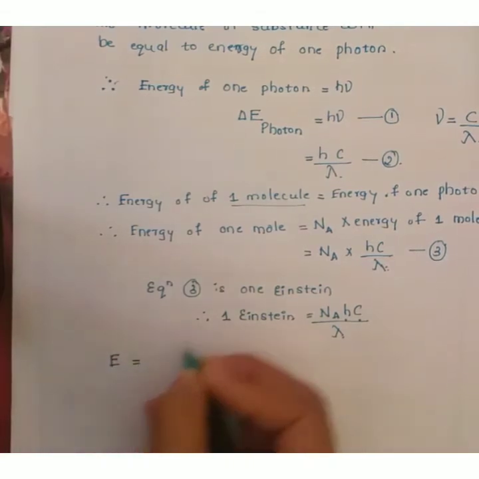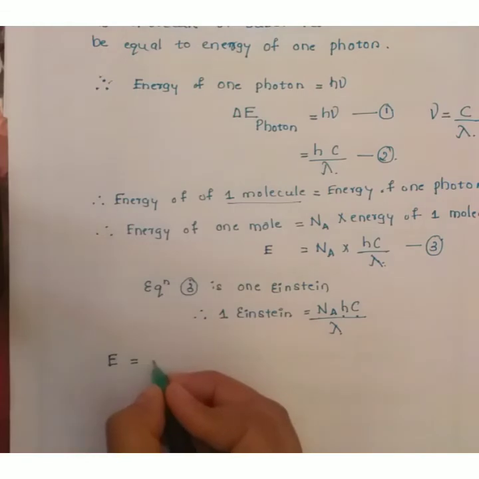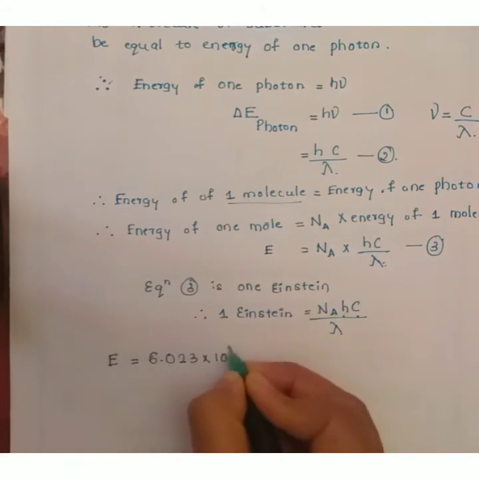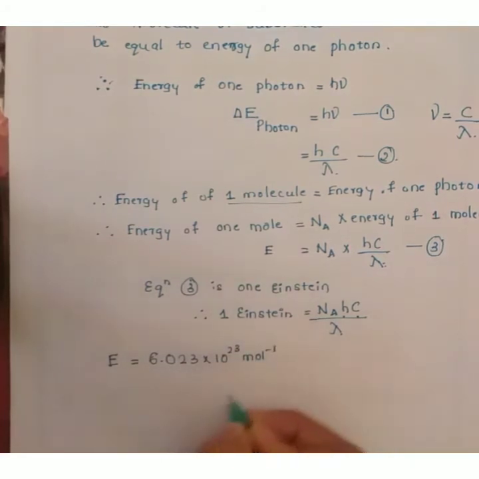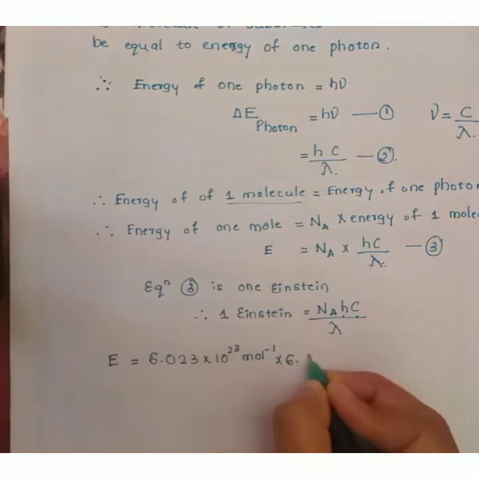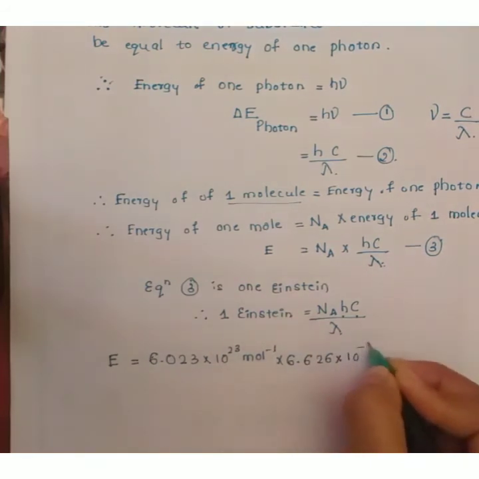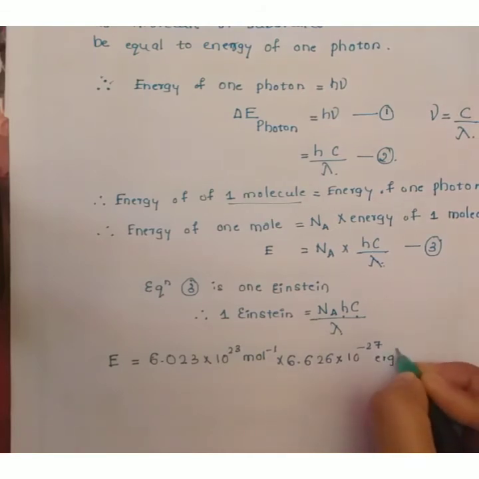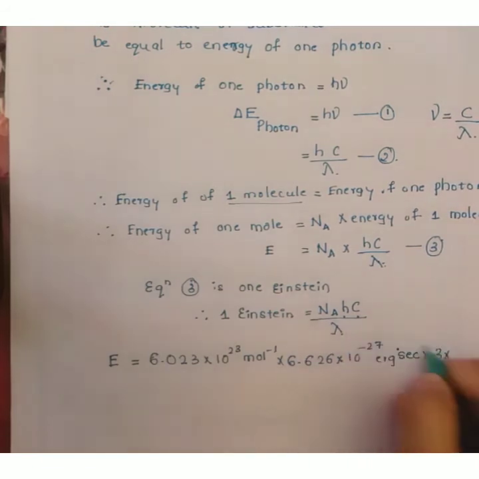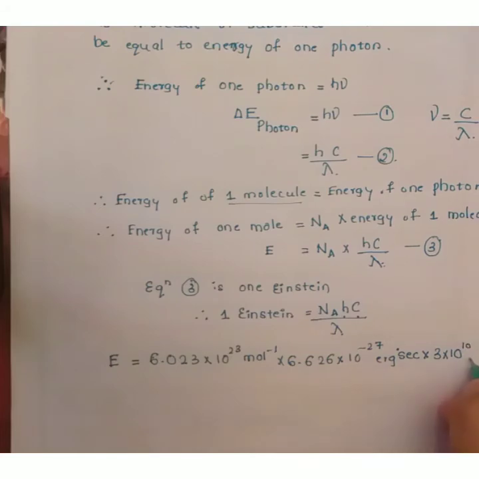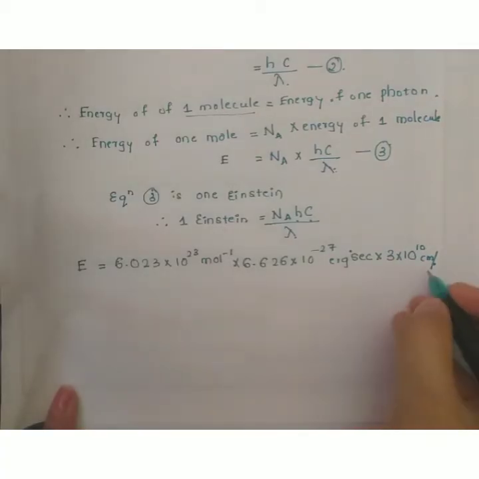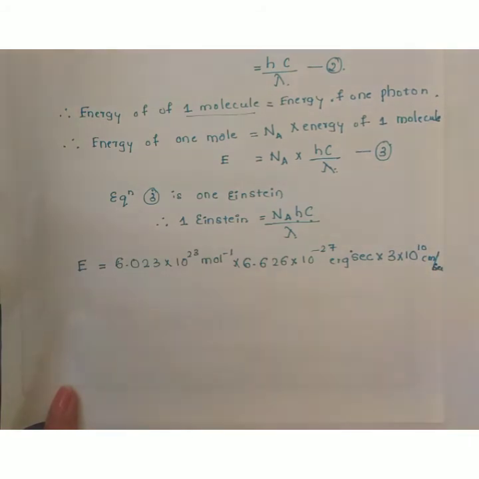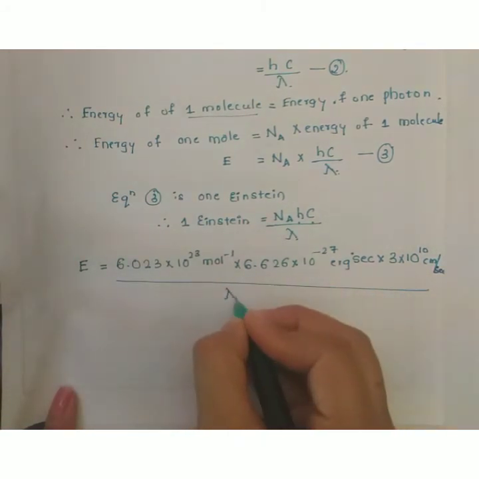Energy equals 6.023 into 10 raised to 23 per mole, into Planck constant 6.626 into 10 raised to minus 27 erg second, into the speed of light 3 into 10 raised to 10 centimeter per second, divided by wavelength.